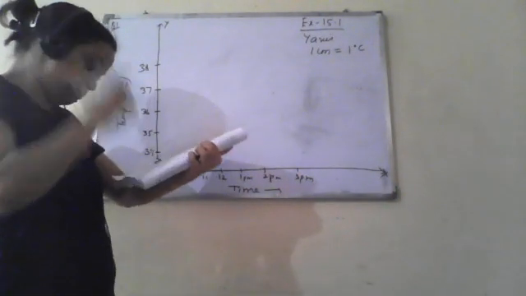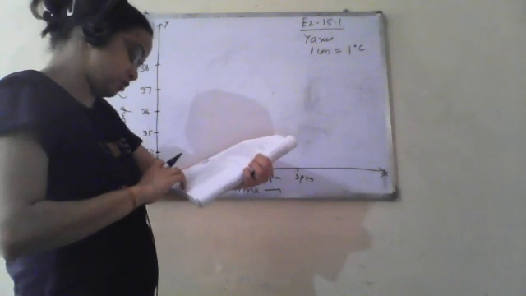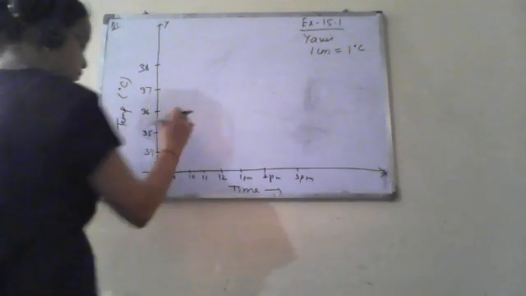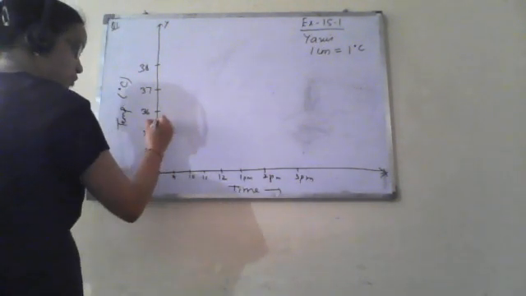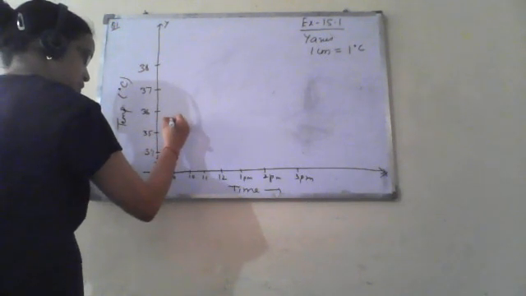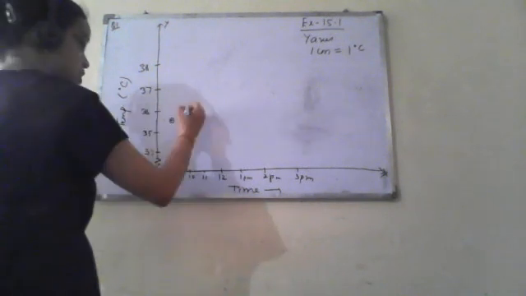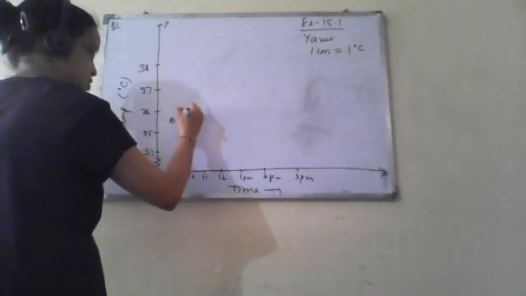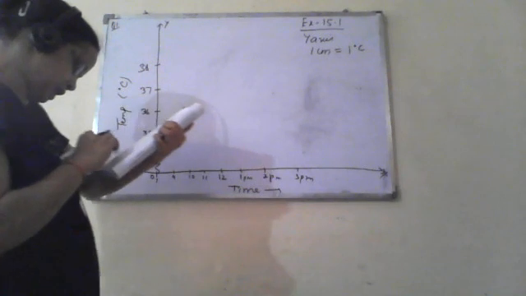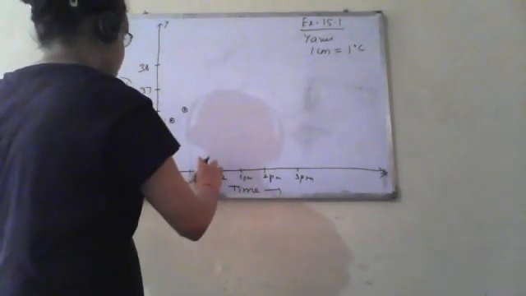At 9 a.m. his temperature was between 35 and 35.5, so it was somewhere between this. So we can plot a dot. At 10 a.m. his temperature was 36, so it is 36 somewhere here. At 11 his temperature was 39.